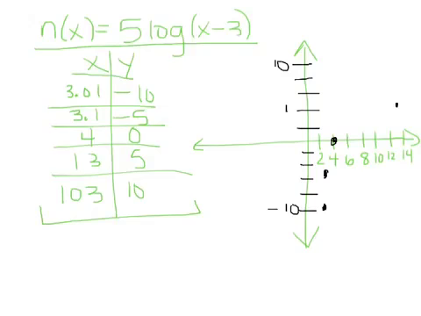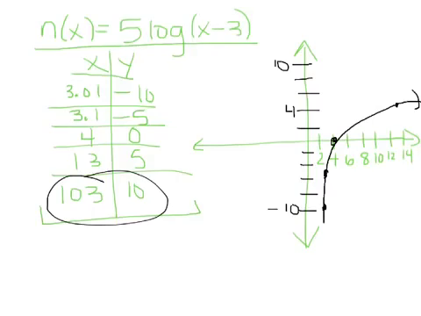Okay, because this is 4 right here. So I'm not going to graph 103, 10 because I have to go up quite a bit farther on the x-axis to reach 103. So all I really need to graph these log functions is like 3 or 4 points. I just need to see the bend or curve in it. And if I connect those dots, I have my graph of my function.